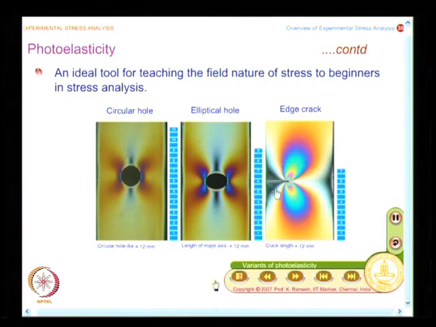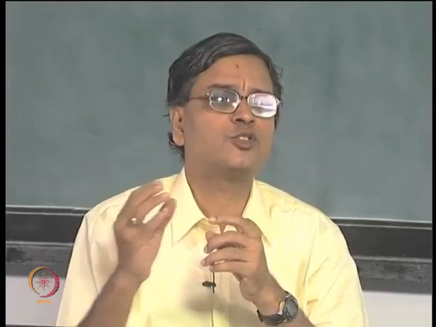Westergaard's solution is very prominent, Williams' solution is very prominent. So, in theory of elasticity, when they analyze infinite geometry with any one of these defects or cutouts, you have a name attached to those problems. So, photoelasticity is very good to understand stress concentration, to understand the field nature.